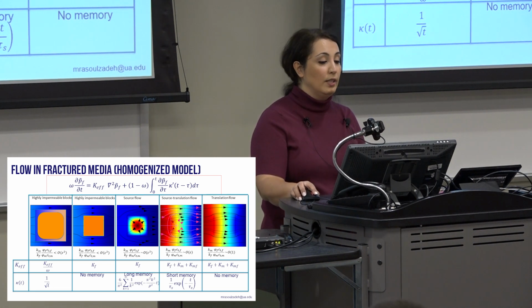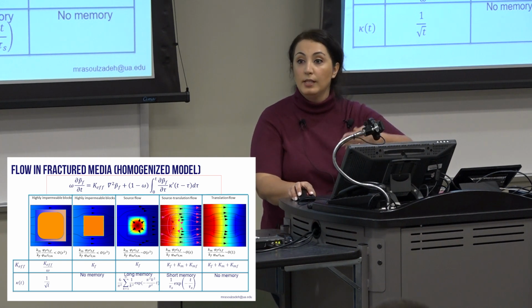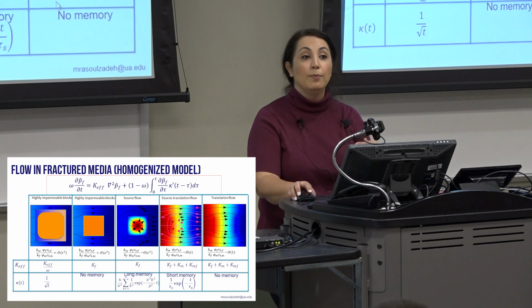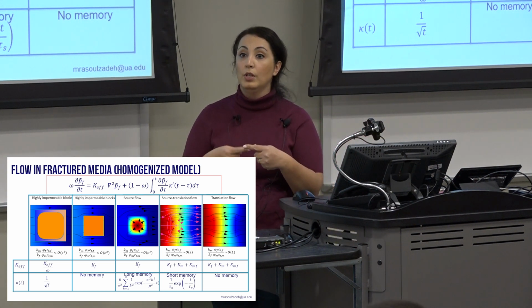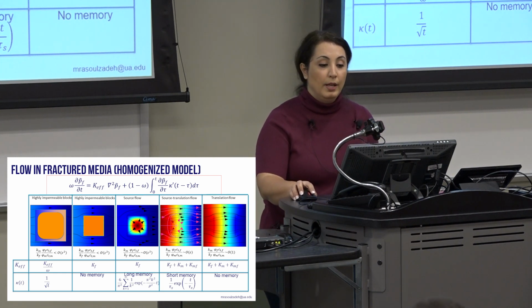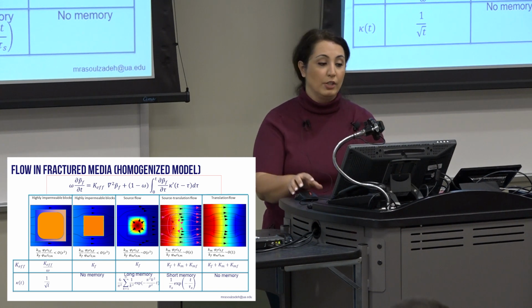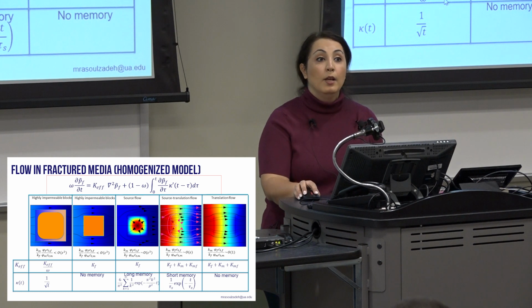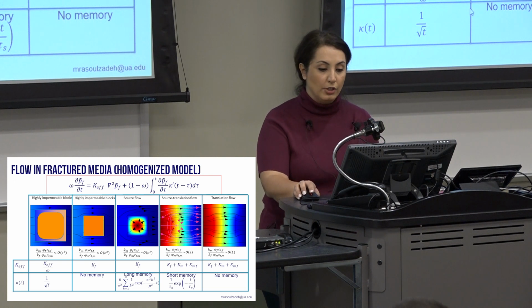For example, in the case where matrix also participates in the flow, the effective permeability comes from fracture, from matrix, and how they exchange fluid with each other. In this case, the effective permeability is only the fractures. Matrix is just a source to the fracture. In the shale case, we have a portion of the effective permeability of the fractures.